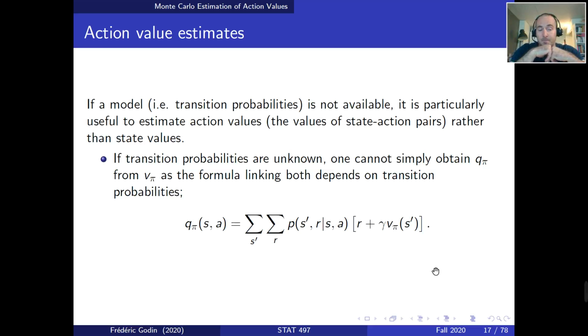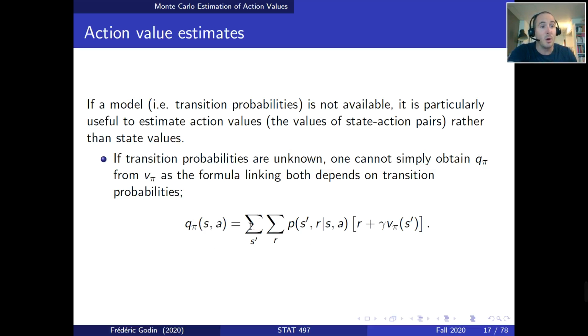It's because if we want to refine our policy, so let's say we start with a policy and we want to refine it, we saw in the previous chapter that the policy improvement procedure relied on this action value function.